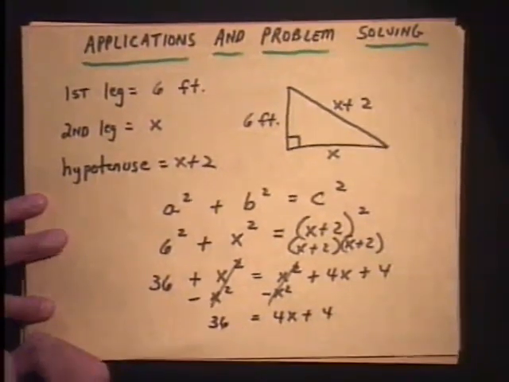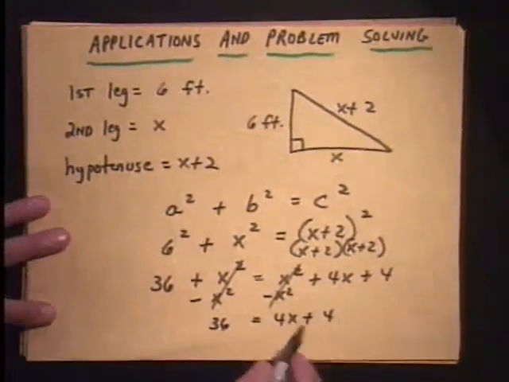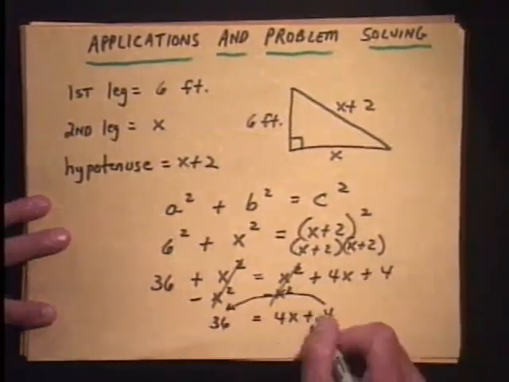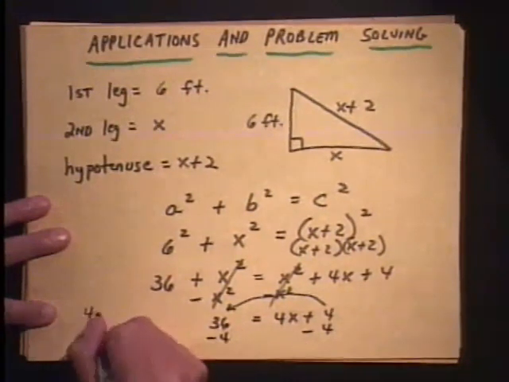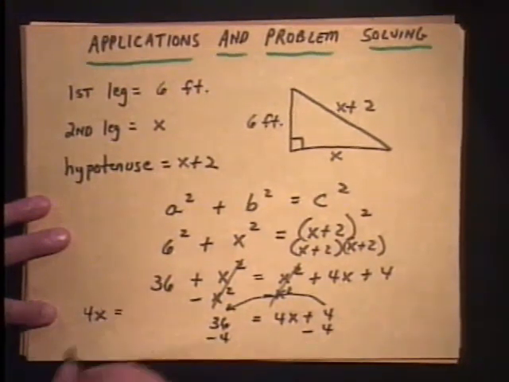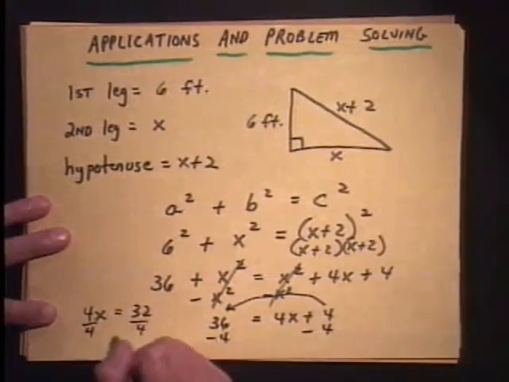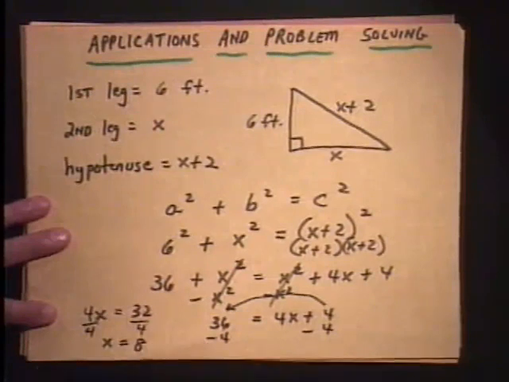Now to solve for x, we have the variable on one side here. Let's bring the plus 4 over by subtracting 4 from both sides. That gives us 4x equals 32. To solve for x, divide both sides by 4, and we get x equals 8.